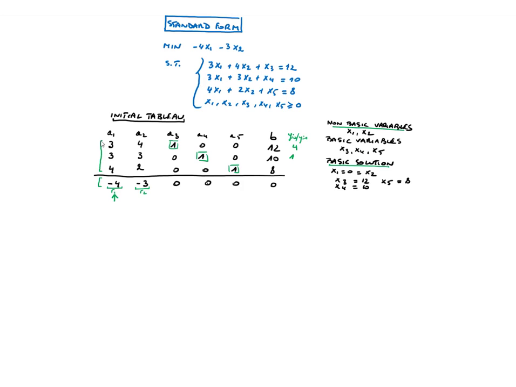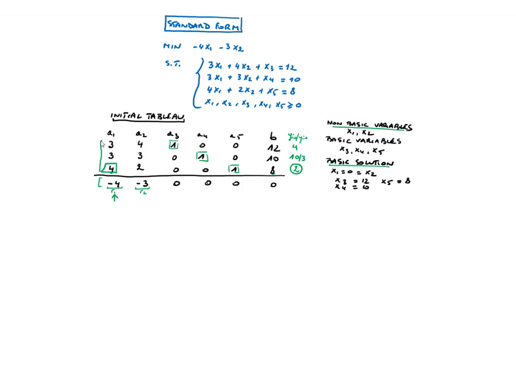So we have 10 thirds. And here we have 8 divided by 4. So we have 2. They are all non-negative, and we have to take the smallest one, and in this case it's this one. So the pivot is over here.